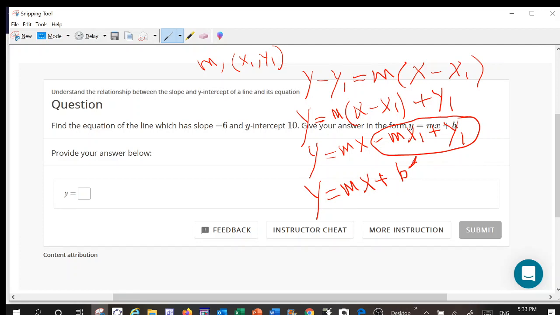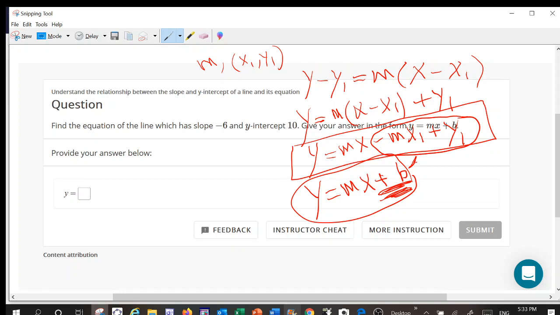Now this form right here is slope-intercept, because this number ends up being the y-intercept of this equation. Because when x is 0, if you substitute 0 here, you basically get this expression, and this expression we just call b.